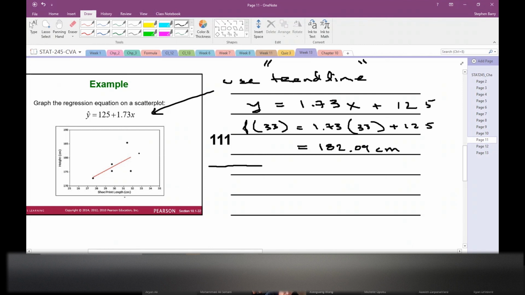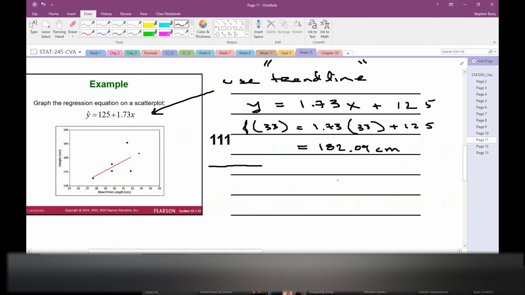And so if I said, what is the best predictor of somebody whose shoe print is 33, if you don't have a significant relationship, then you just say, well, what's the average height of a person? If there's no significant relationship, the best predictor is the average. It's the same thing as if you had no information at all.